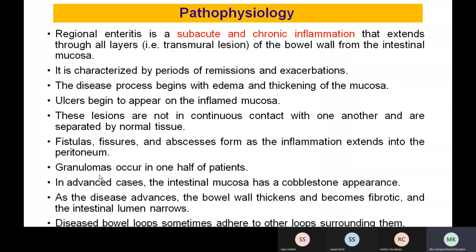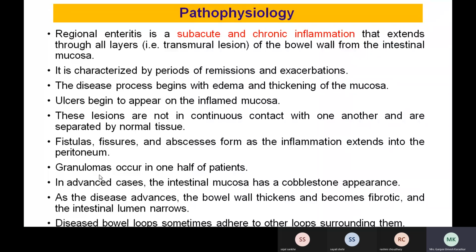That is present in the intestinal mucosa. Now this inflammation produces ulcers, so an ulcer will appear on the inflamed mucosa. These lesions are not in continuous contact, so you will have separate lesions formed on the intestinal wall. If it continues, there will be formation of fistulas, fissures, abscesses.